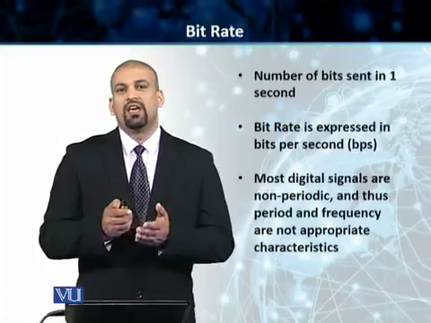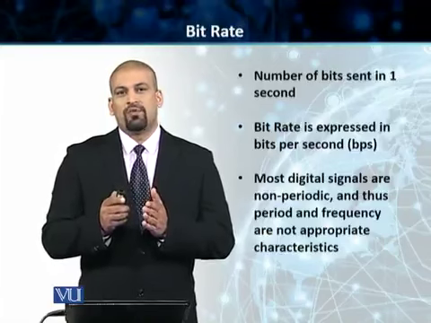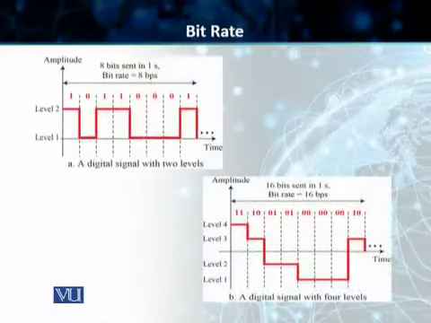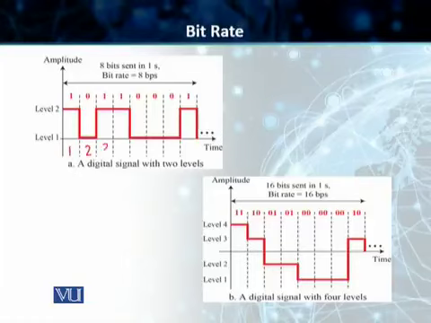Students, slide की जानिब चलेंगे and we'll find out an example of how we calculate bit rate. Students, once again, we have seen this example before. As you can see, 2 levels in the first figure. In this digital signal, we are sending 8 bits in 1 second. 1, 2, 3, 4, 5, 6, 7, and 8. 8 bits are sent in 1 second.